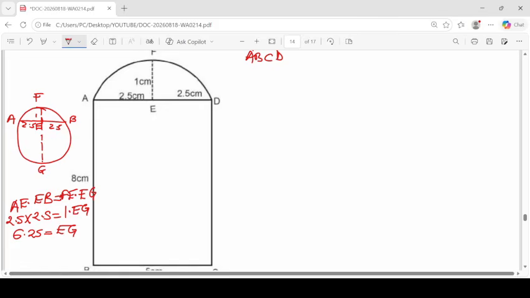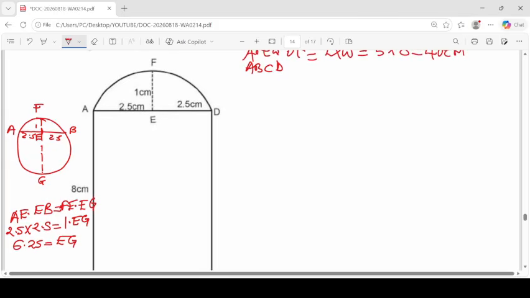Now, remember, FE divides the chord A. Sorry, how did I write this as B? This could have been D. Let me change this one to D to match exactly what is in my diagram. This was AD. So AE times ED should be equal to that, yes. The chord AD has been divided by a perpendicular bisector FE. And the perpendicular bisector of any chord passes through the center of a circle.